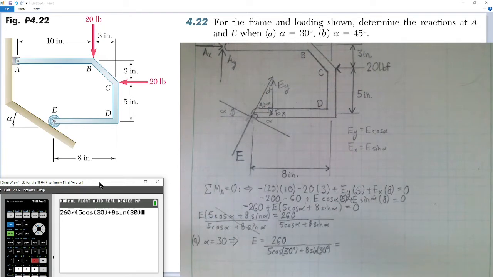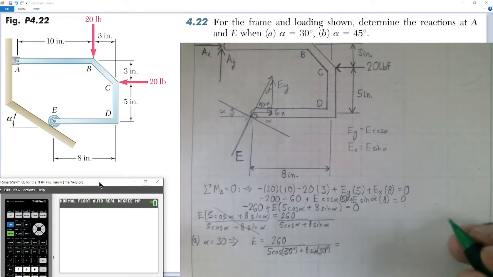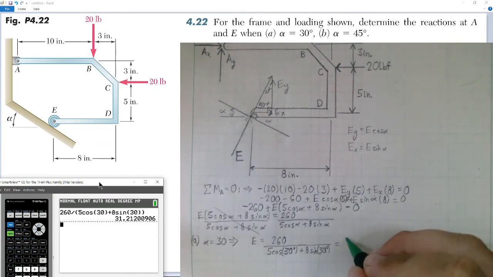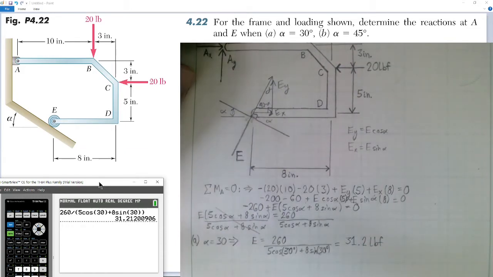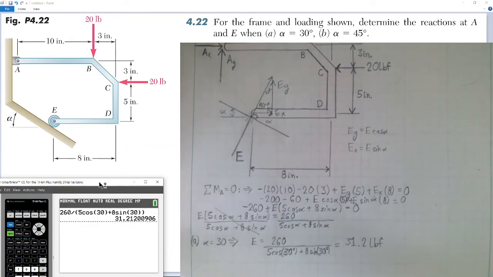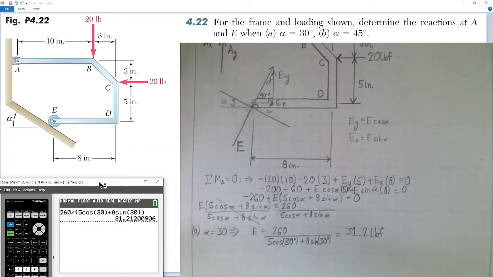And make sure we're in parentheses when we divide. And this tells us E when alpha is 30, E is equal to 31.2 pounds of force. We can now solve for the reactions at A. We know E is 31.2 pounds of force.